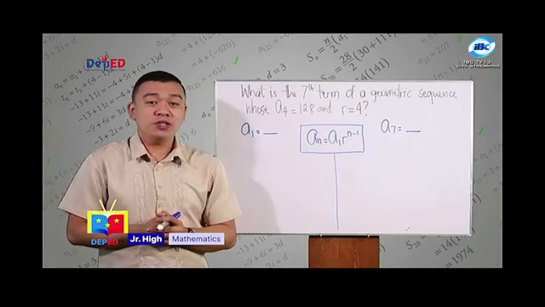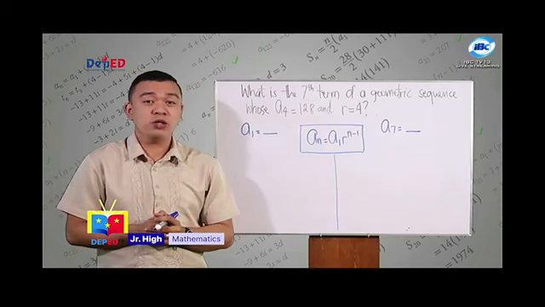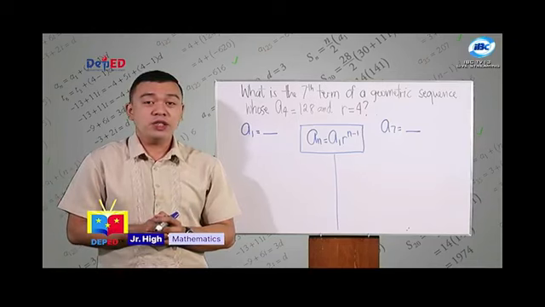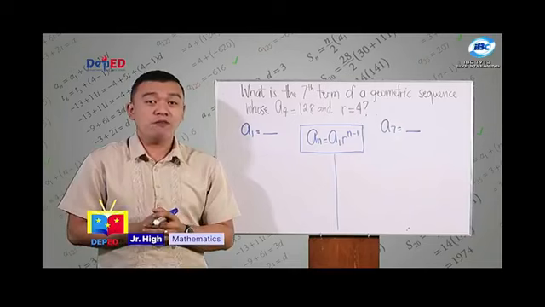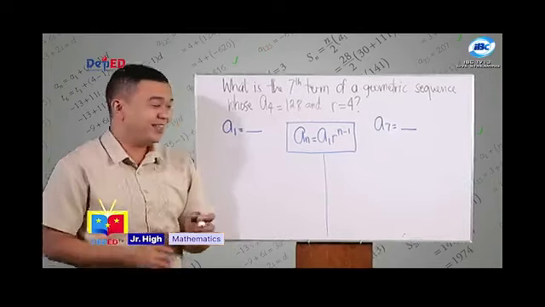Since the given term is the fourth term, which is equal to 128, we can use it to solve for the value of a sub 1. Now, let's substitute the value of a sub 4, which is equal to 128, n, which is 4, and r, which is also 4, in the formula. A sub n is equal to a sub 1 times r raised to n minus 1.